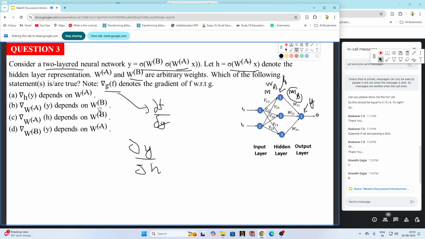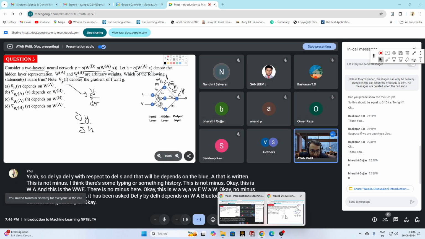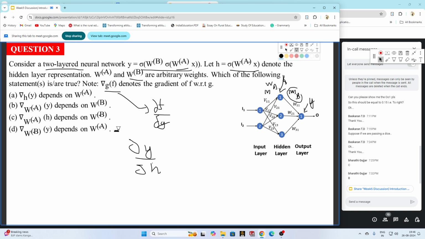This is not a minus; I think there is a typing mistake. This is WA, and this is WB. So the first question asks whether del Y by del H depends on WA. Someone is guessing D. Okay, no problem.